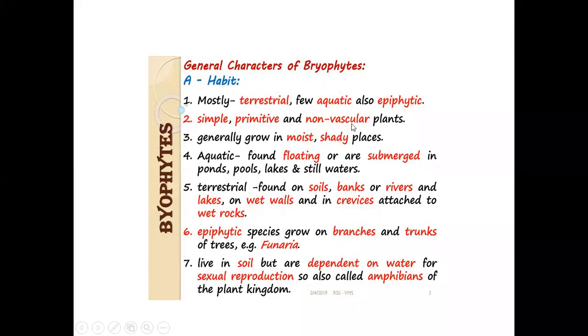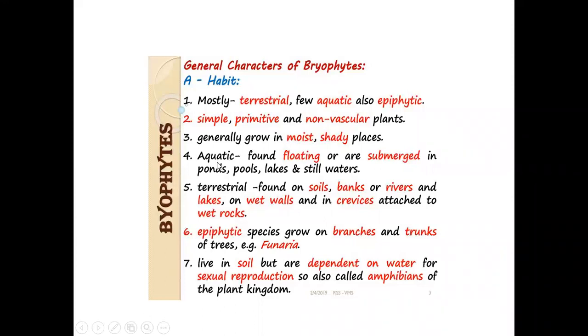That means they don't have any vascular system; tissues like xylem or phloem are not seen. So that's why we call them non-vascular plants. Next, where are they growing? Generally in moist places, where it is wet, and shady, that is where there is very little light, not sunny areas. We call them shady places.